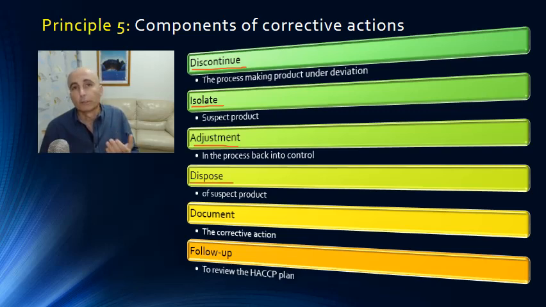If that food is not safe, it's going to be disposed of. Then we need to document the corrective action that we've taken, and follow up to review the HACCP plan. Maybe we need to change the critical control point or the critical limit to keep the food safe.